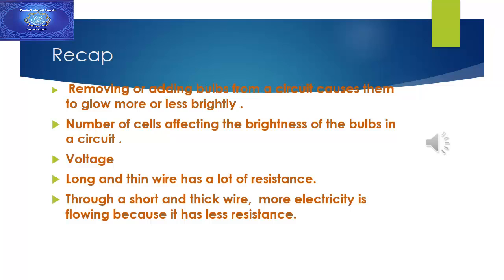The strength of electricity that a component, a bulb or bell, needs to work is called voltage, and voltage is measured in units called volts. A long and thin wire has a lot of resistance. Through a short and thick wire, more electricity flows because it has less resistance.